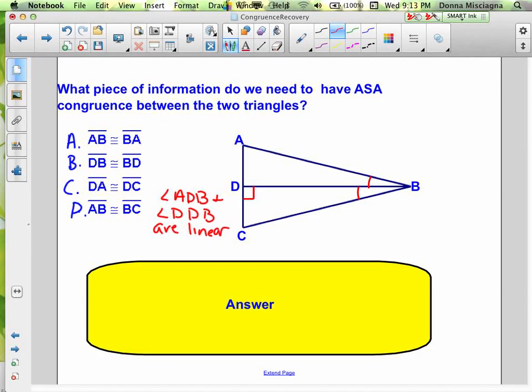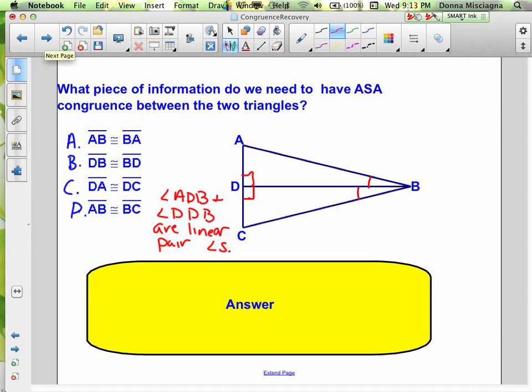Notice they form a straight line. So together they equal 180 degrees. If angle CDB is 90 degrees, then this one has to be 90 degrees as well. So now we have two pairs of congruent angles.